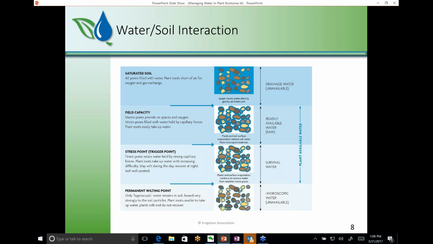And then finally, the permanent wilting point is when the water remains so tightly bound by the soil that it's unavailable to the plant. And normally when we hit this point, plants wilt and do not recover. So again, what we want to do is try to maintain soil moisture at or near field capacity at all times.